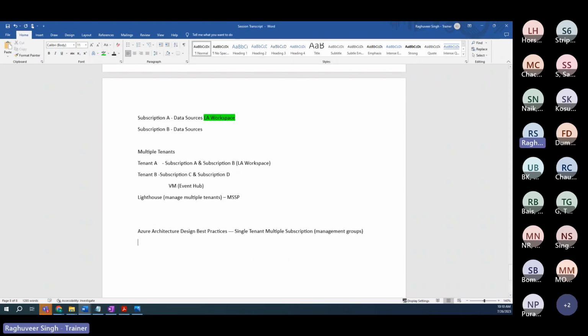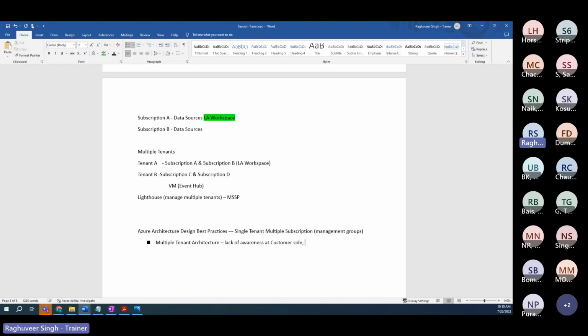However, what are the scenarios in which somebody comes up with multiple tenant architecture? They come up with multiple tenant architecture in two scenarios. The first scenario is the customer themselves or their IT team themselves don't have clear visibility into Azure architecture design aspects, and they end up creating multiple tenants. So lack of awareness at customer side.